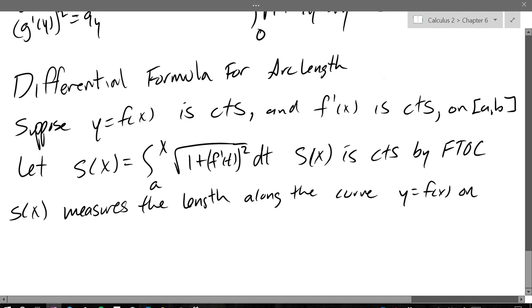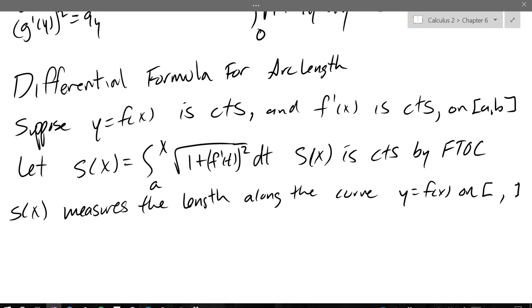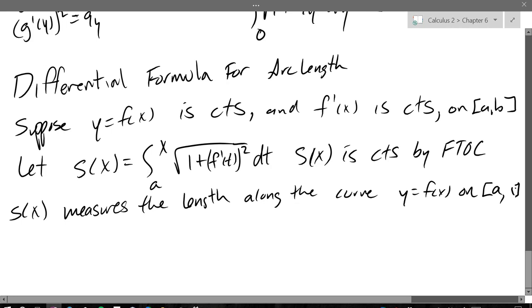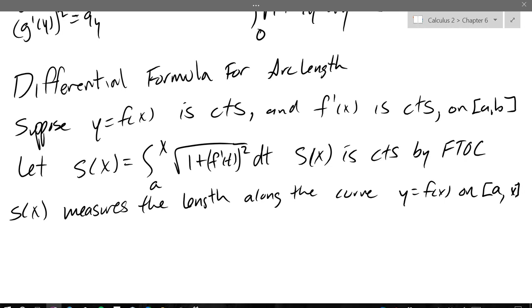On the interval, what interval does this measure the length on? From what to what? You can definitely answer this question if you think about it. From a to x. We better make sure x doesn't go past b, so we don't go outside of where we know we're continuous.